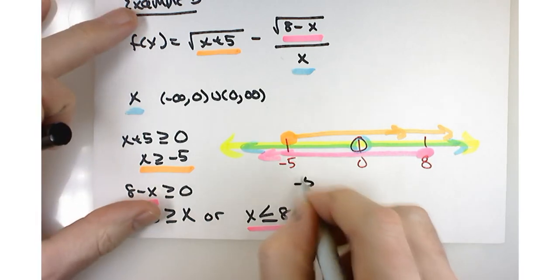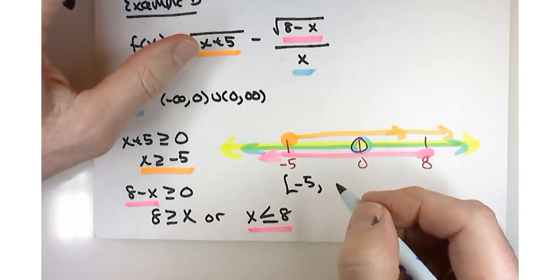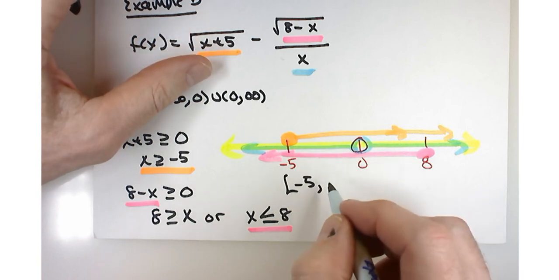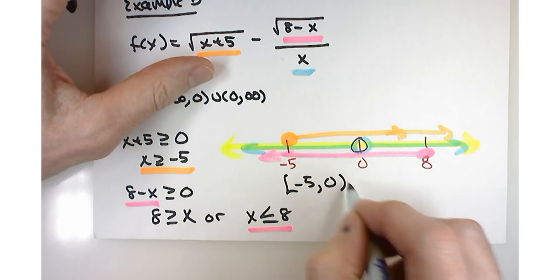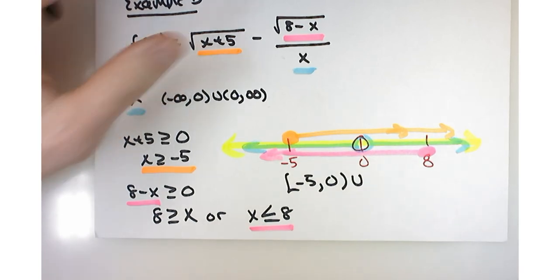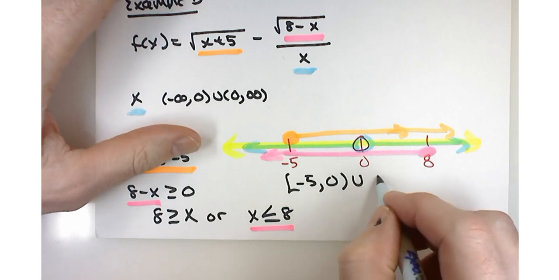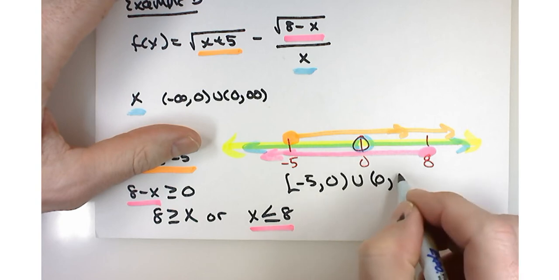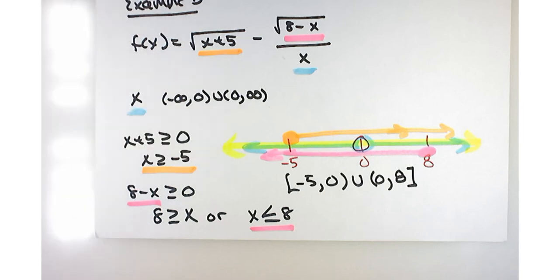Bracket. Nice, so -5 to where? 0. Does 0 get a bracket or parenthesis? Parenthesis. Union. What happens at 0? Parenthesis. Nice, and then to 8 with a bracket. Well done. So there's your domain.